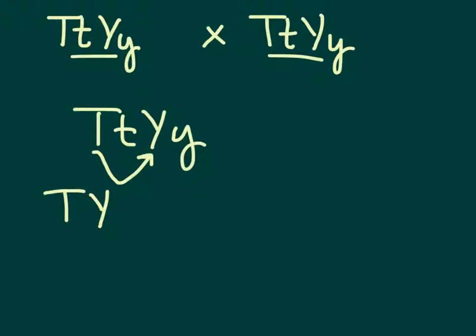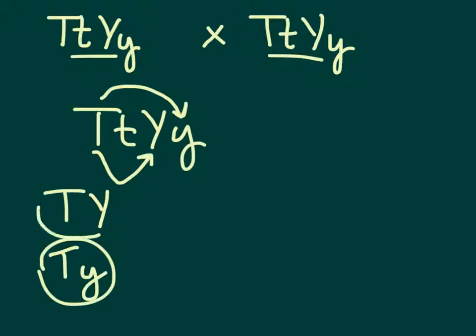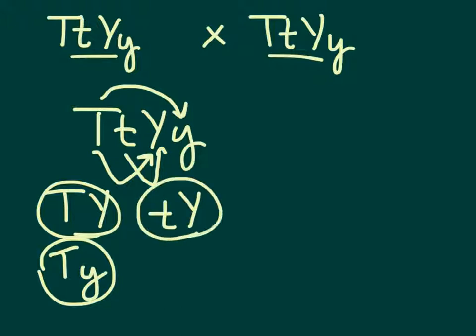Or the capital T could have paired with the lowercase y. Agreed? Two potential gametes. But I still have to address what happens if it's a lowercase t and a capital Y. Or a lowercase t and a lowercase y.